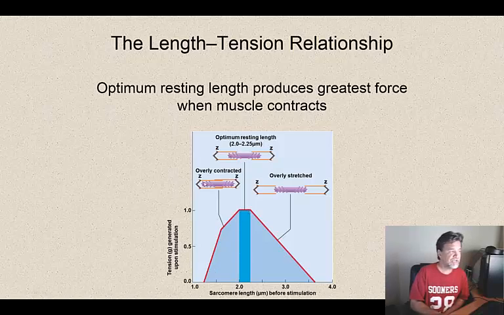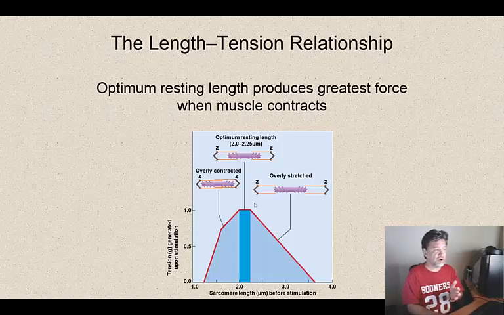It's possible to have the sarcomere being overly contracted, and that means we can't decrease the size of the sarcomere very much, right? If it's overly contracted, and that's on this side of the graph, as we move further away, that means the less distance that we can squish those thin filaments together.